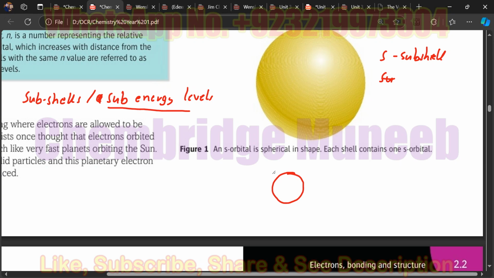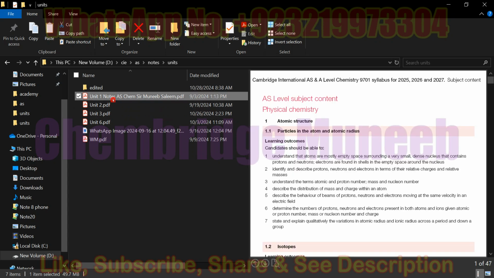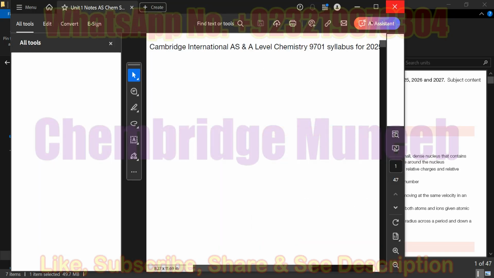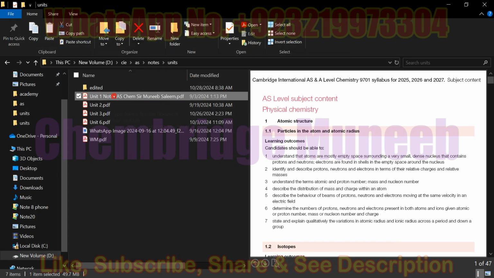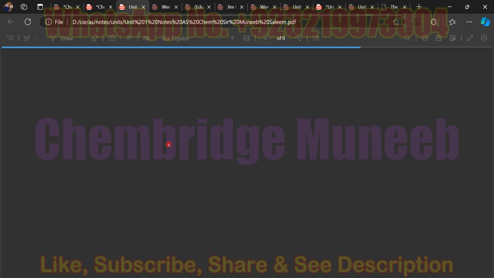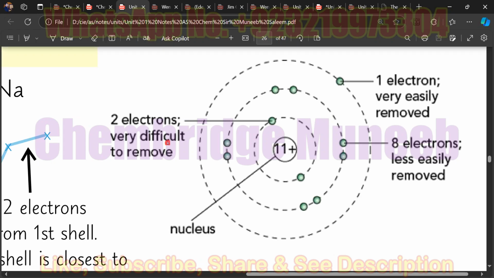I need to add my own notes here because some portions are being missed. Basically, the subshells have a different number of orbitals in them.